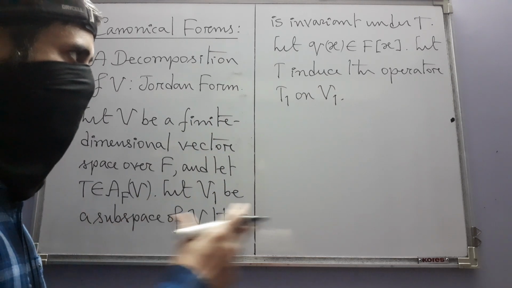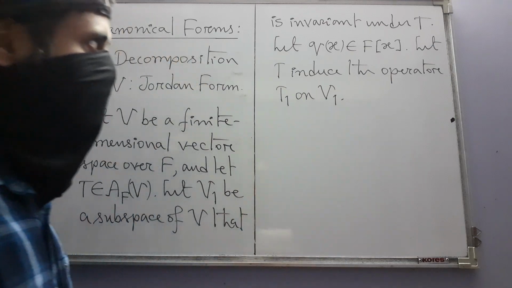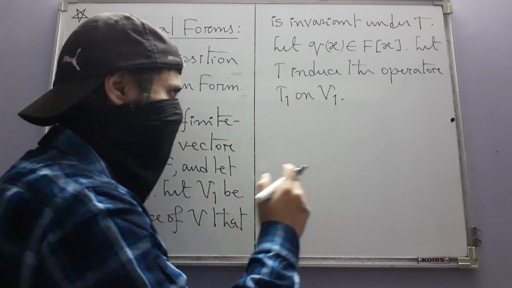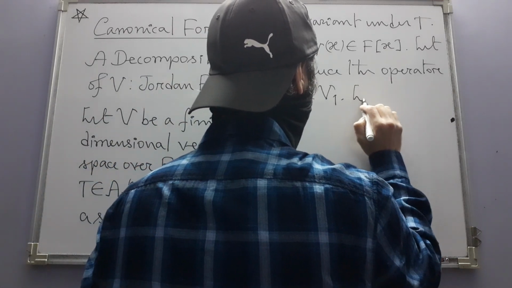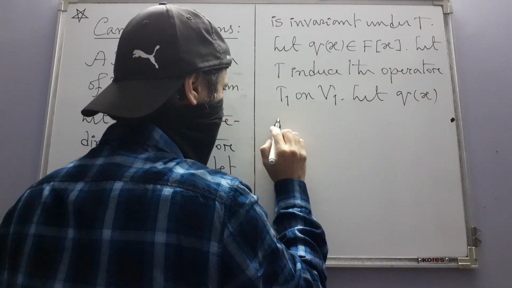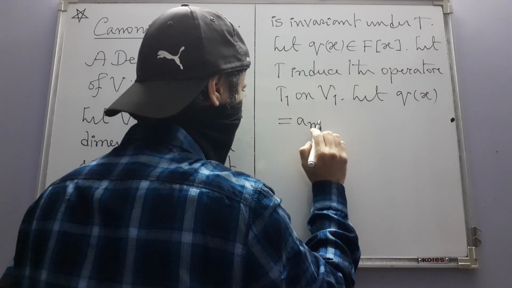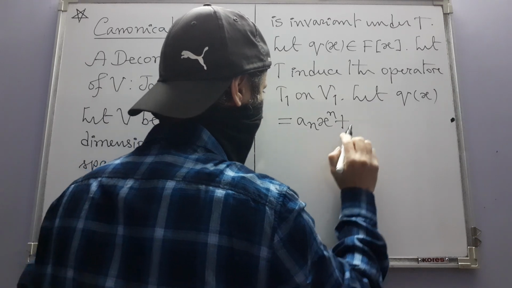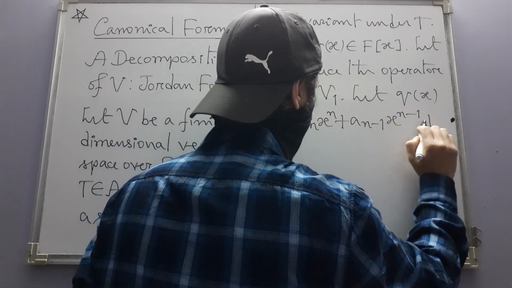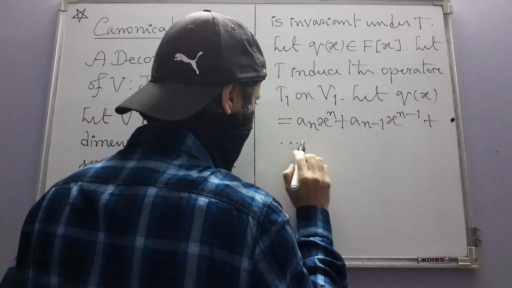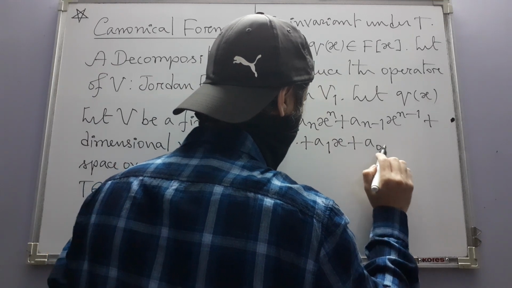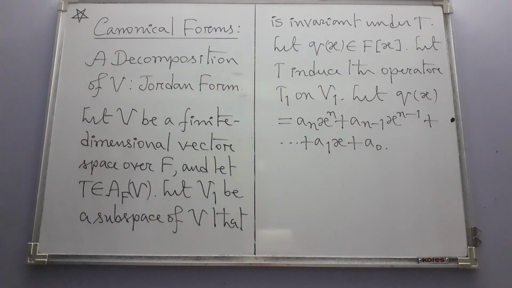But because we need to see exactly what happens, let's write the general form of the polynomial Q(x). Let Q(x) be a_n x^n plus and so on, where it's of course understood that these a_i's are coming from the underlying field F.